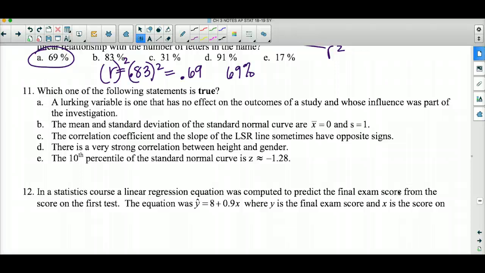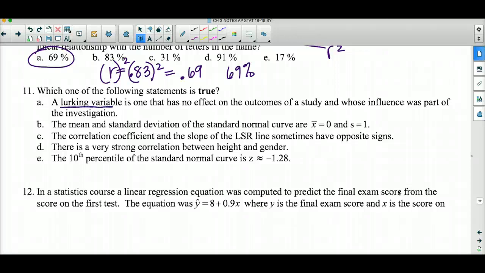Okay, so you're picking which one is true. Okay, so talk to me about things that you know are false.